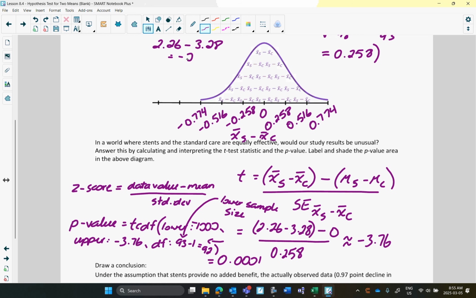Which works out to negative 0.97. Well, negative 0.97, if you look, we're going into the negatives, it's going to be somewhere around here.